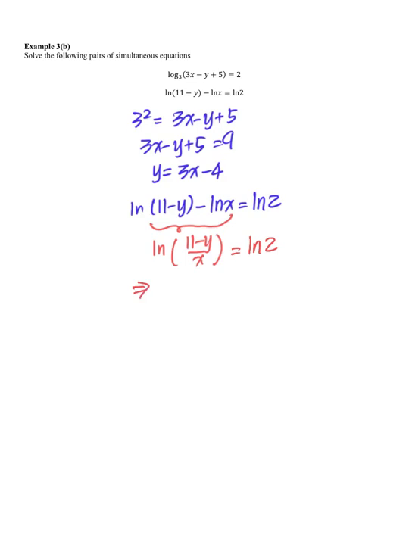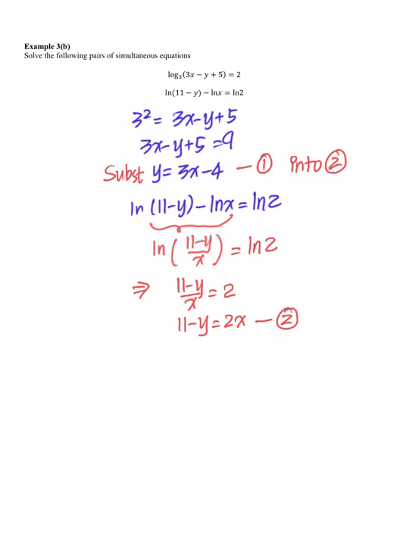So both sides you have ln, which means that 11 minus y over x is equal to 2. So 11 minus y is equal to 2x. This is equation 1, and you substitute equation 1 into equation 2. So you will have 11 minus (3x minus 4) is equal to 2x.